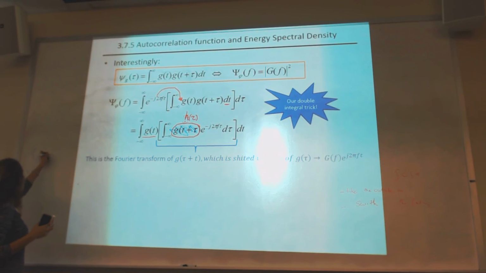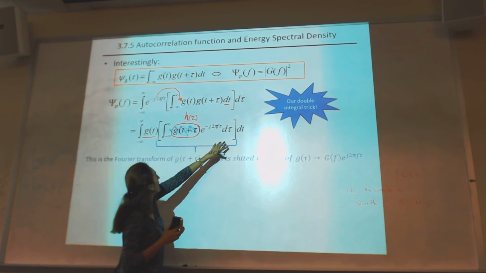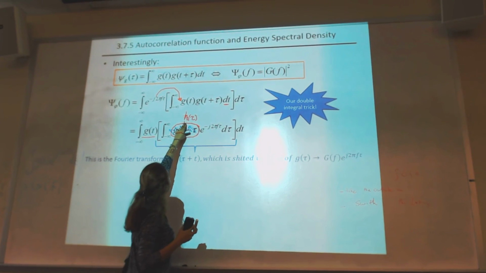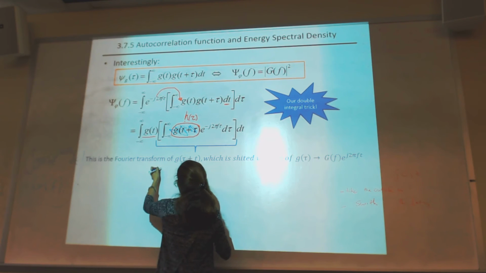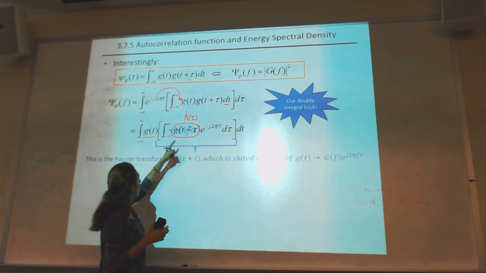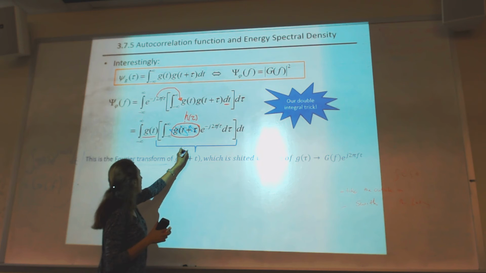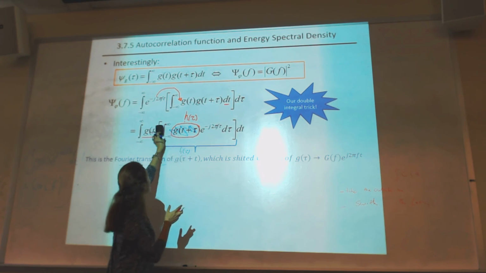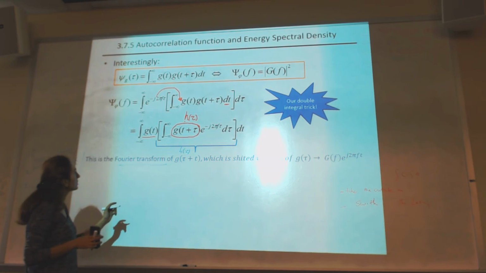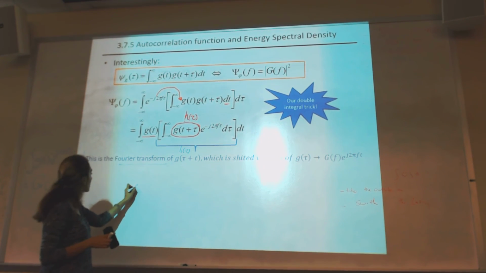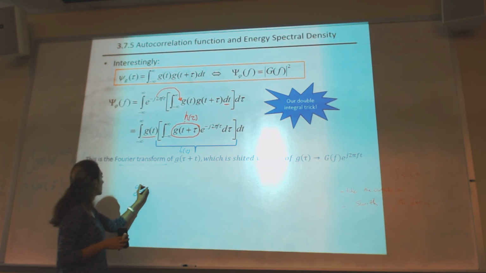Remember, g(t) e^(-j 2 pi f t). So the whole thing here is the Fourier transform of this h of tau, which is g of tau.